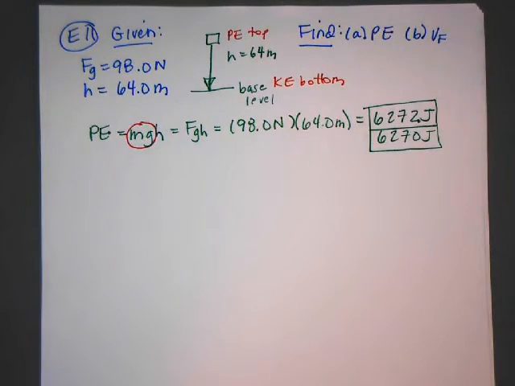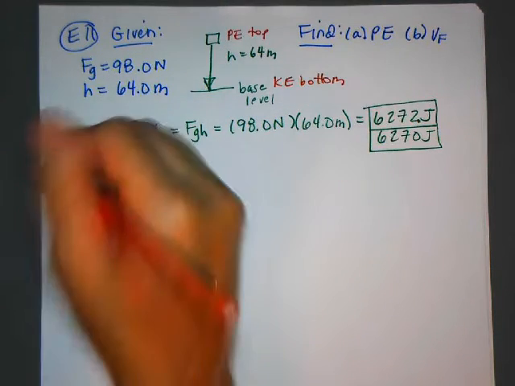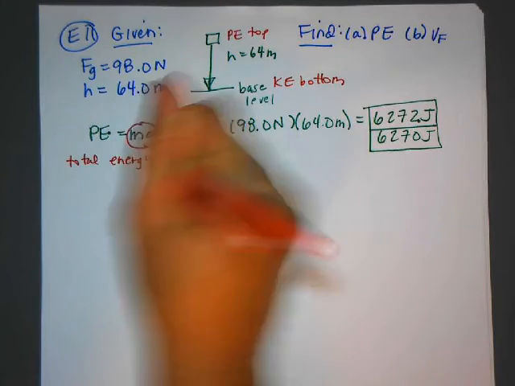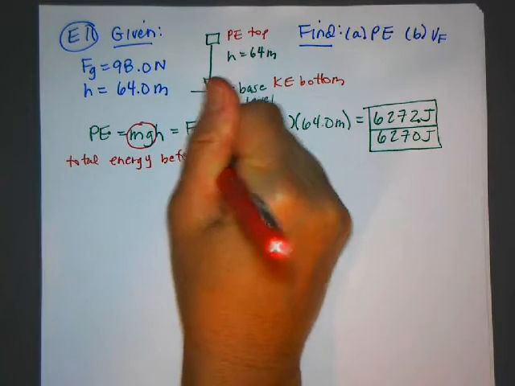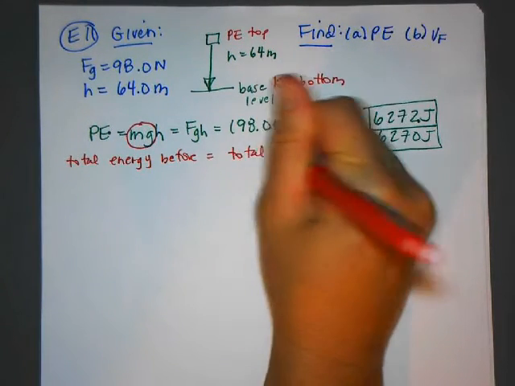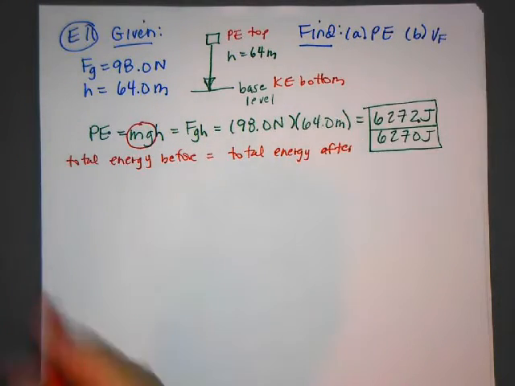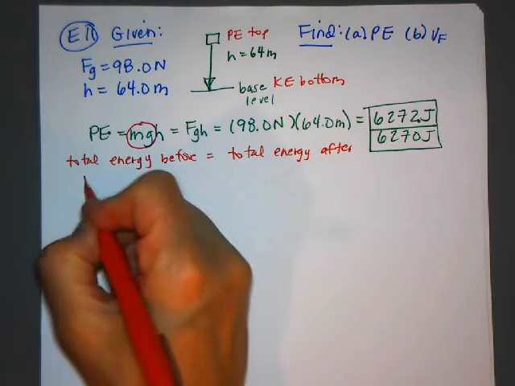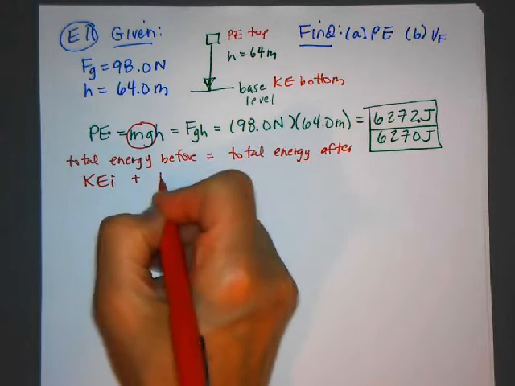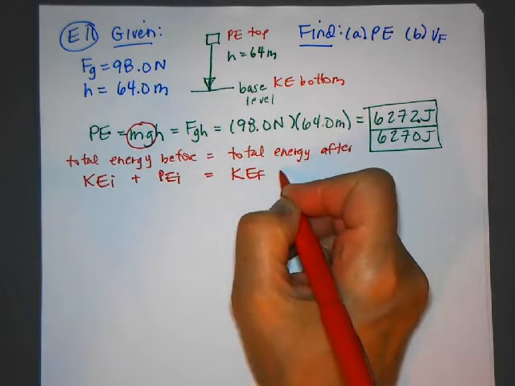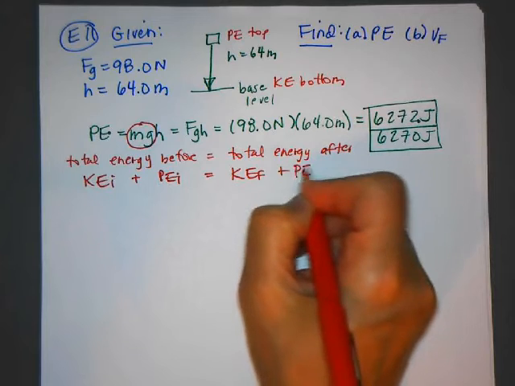But just in case we didn't remember that, in layman's terms, we know the total energy before is equal to the total energy after. So we have KEI plus PEI is equal to KEF plus PEF.